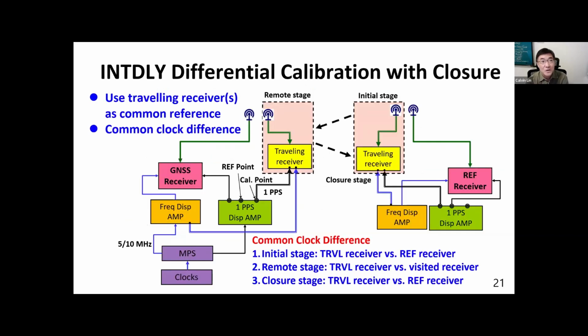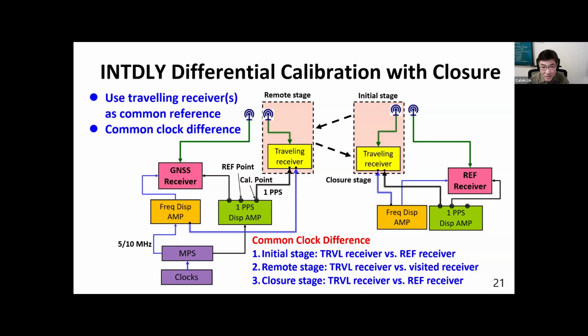Another way to calibrate your internal delay is the so-called differential calibration with closure. Its principle is we use a reference receiver and a travel receiver to calibrate a visited receiver, using a common clock difference.